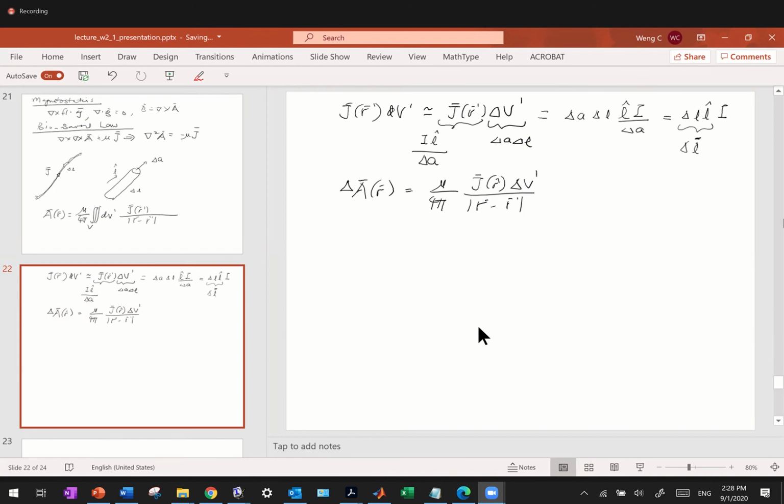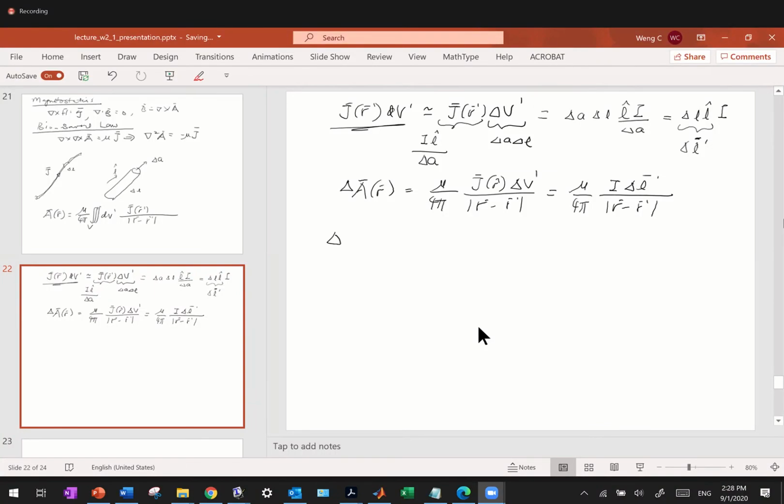And if I express it in terms of this new quantity, it can be written as mu over 4 pi I delta L bar over r minus r prime. I can call this prime if I want to.